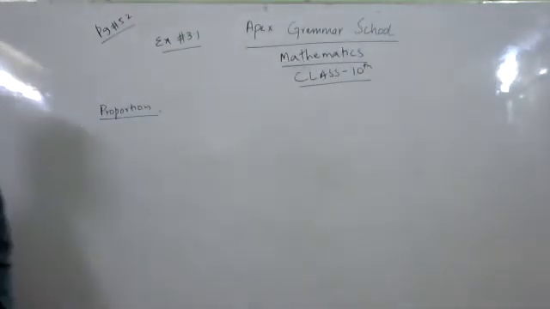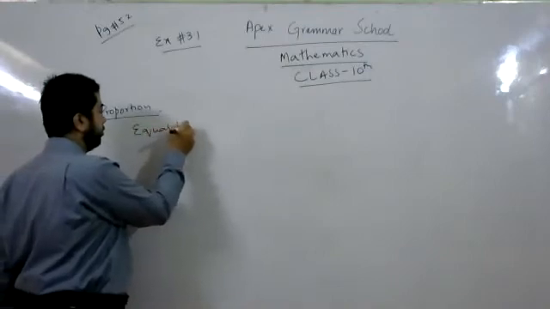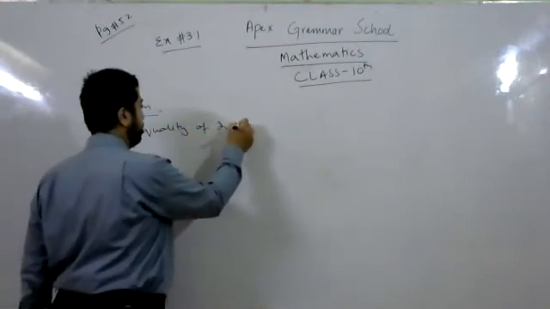What is proportion? Proportion is basically related to ratios. It is called the equality of two ratios.